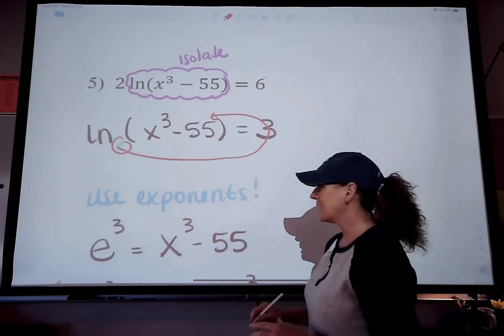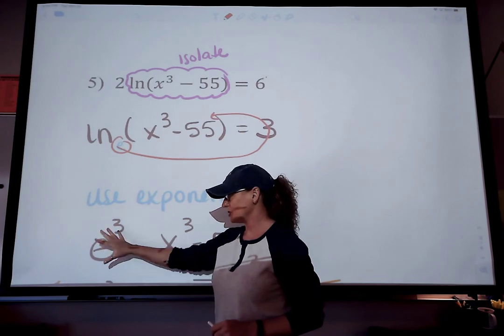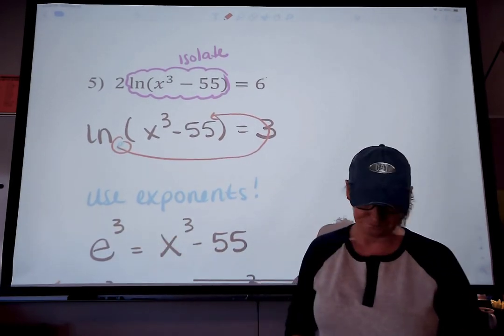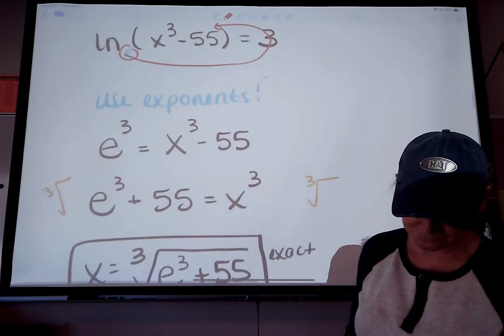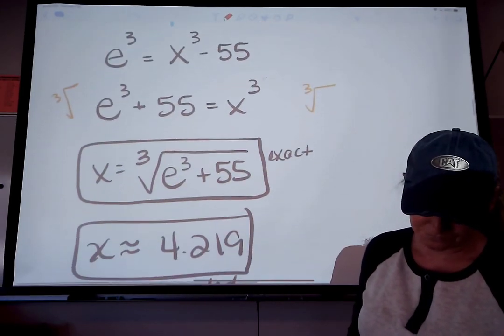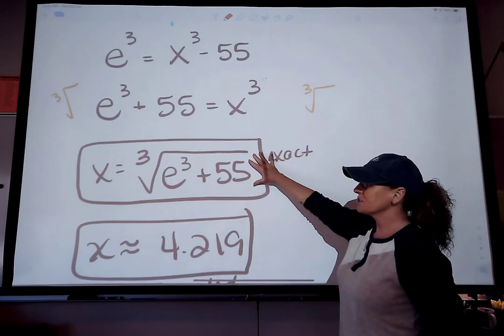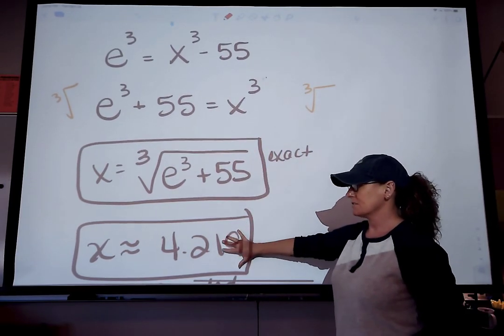Don't let e freak you out. It's just a number. It's 2.7-ish. Just keep it like this. Add your 55, cube root it. This is the exact version. This is the rounded version.